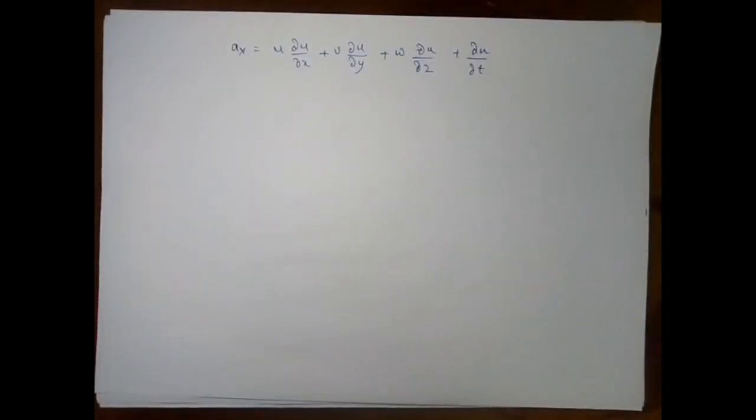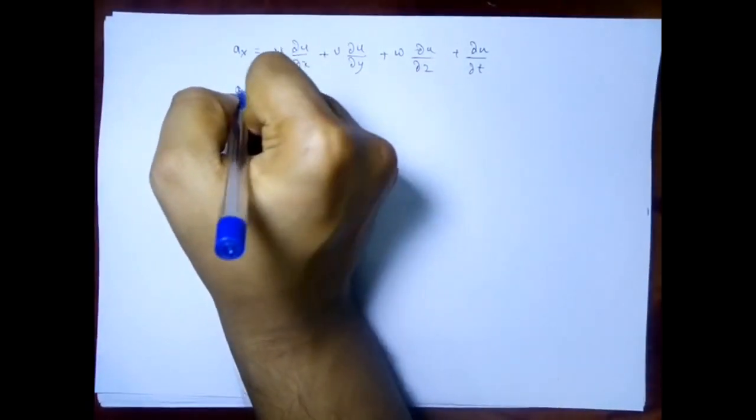So this is how we will get ax, and also we will have ay.